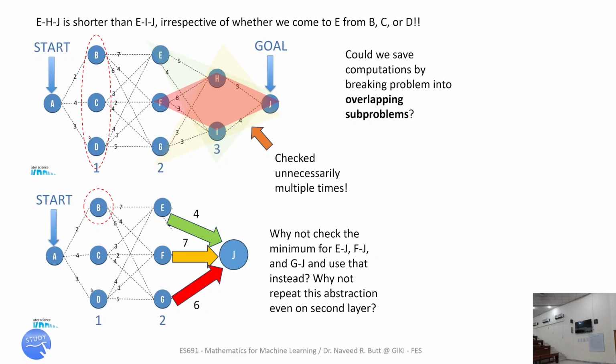Notice this triangle, this one here. Among these paths, if you want to get from E to J, should you take E-H-J or E-I-J? Which one should you take? Let me tell you. This is 1, 3, and this is 4, 4. You should take E-H-J, right? Now, if you are standing at B, C or D, does this change?